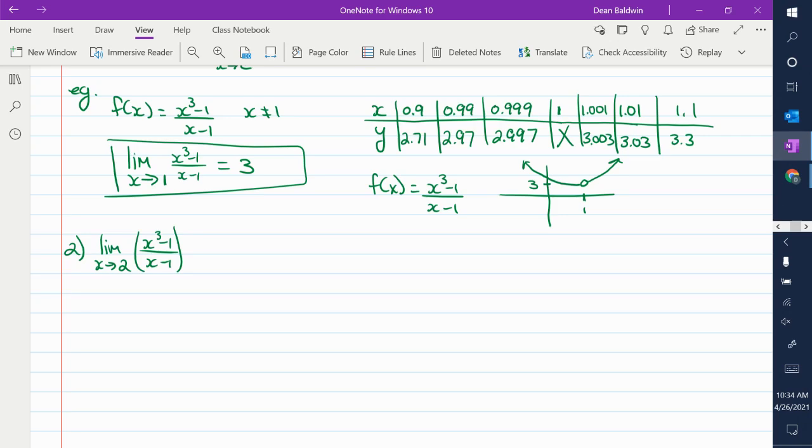This function has an undefined point at 1, but it doesn't have an undefined point at 2. So if I want to know the limit, all I do is plug in 2, which is 8 minus 1 over 1, which is 7. That's it.